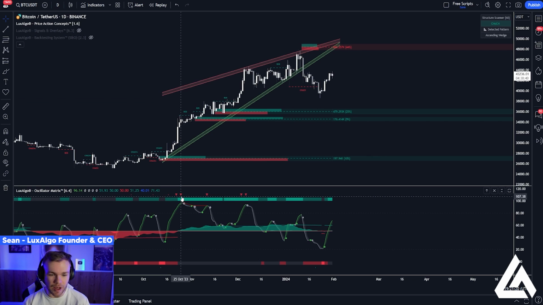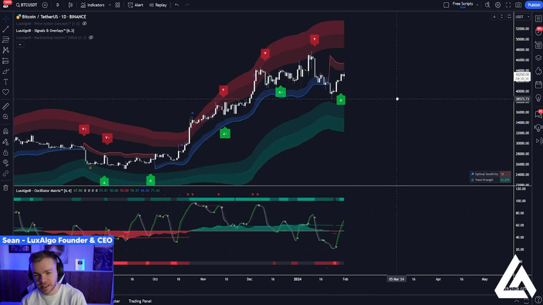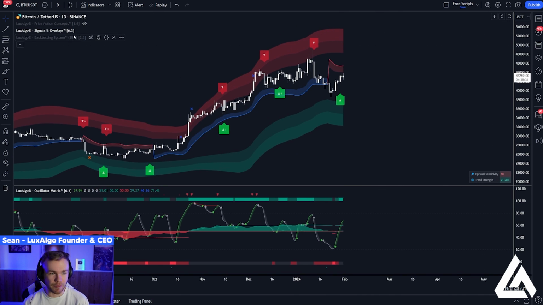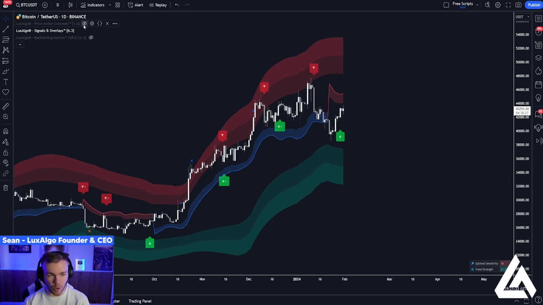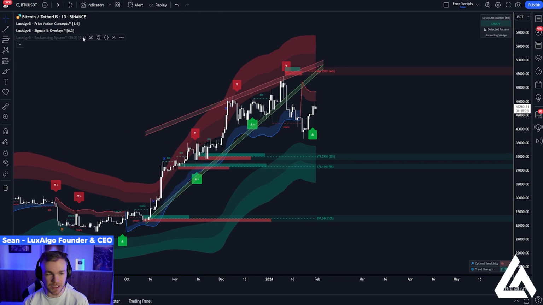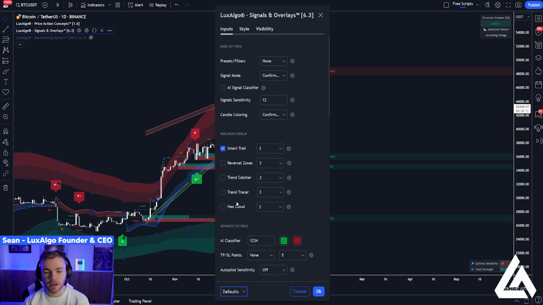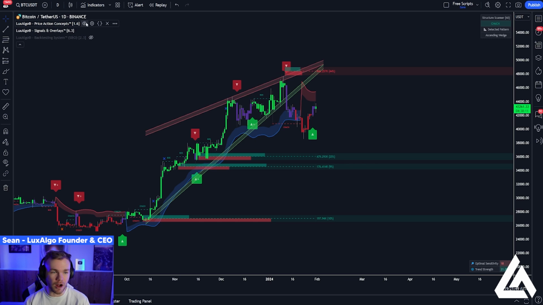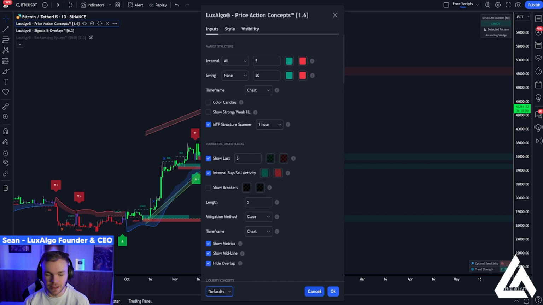If you want to use the oscillator matrix and the price action concepts together, that's totally reasonable, although it is more in line with the style of trading that you get from the signals and overlays. However, if you want to incorporate the signals and overlays and the price action concepts together, then what we typically recommend is that you disable features from one or the other that you don't find the most useful.